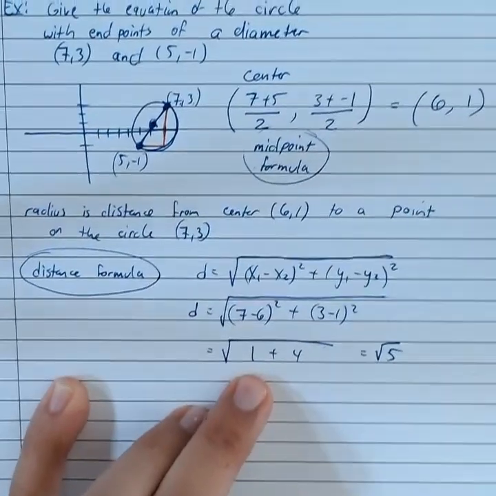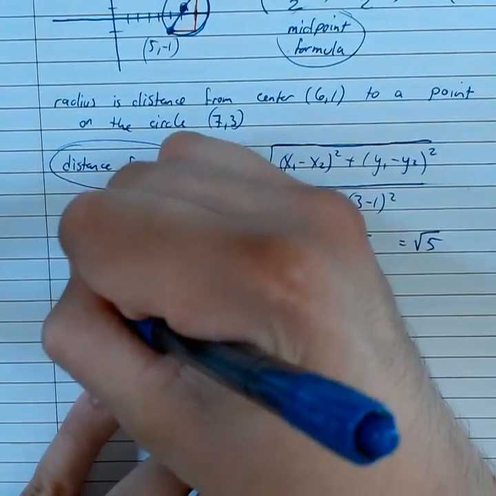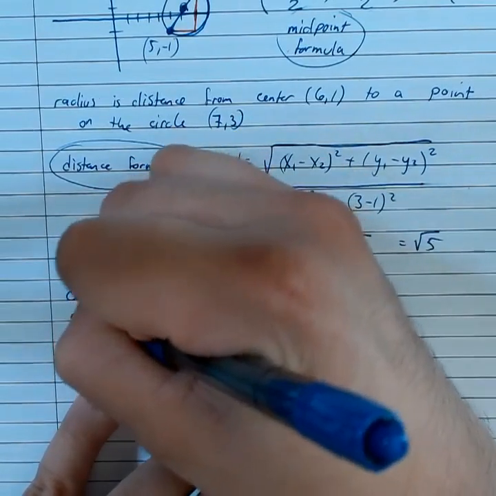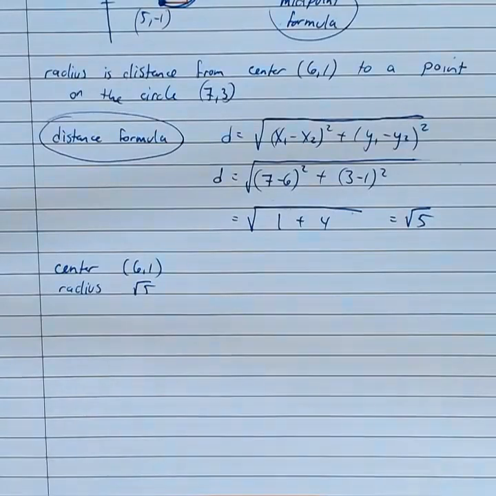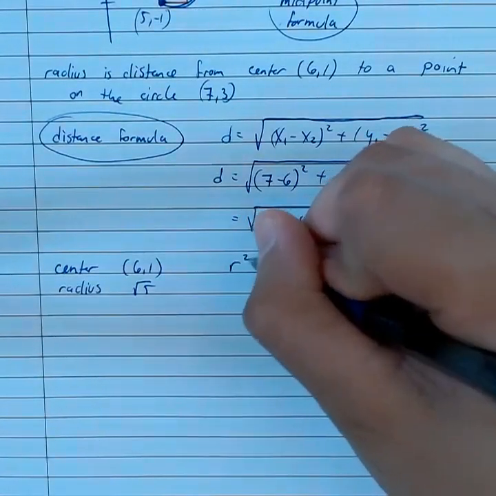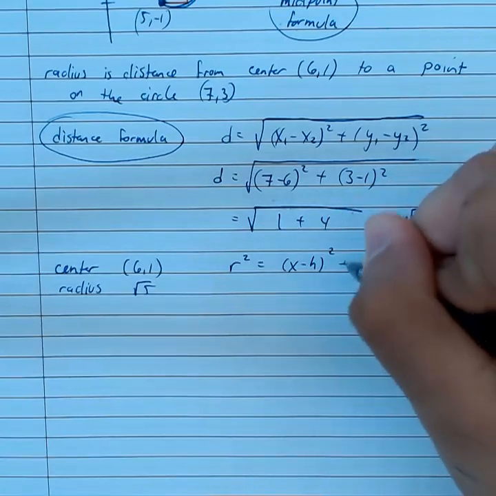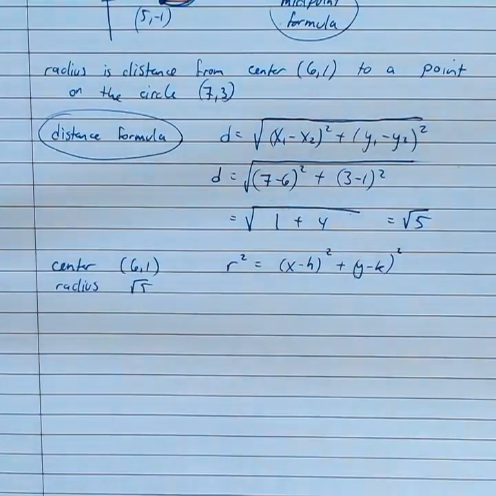So now we have our center and our radius. Our center is 6, 1. We have our radius, square root of 5. And now we're just about done. We just plug everything in because we know how to write the equation of a circle. The equation of a circle is r squared equals x minus h squared plus y minus k squared. And now we know what all those numbers are.